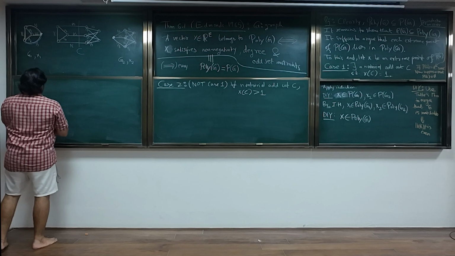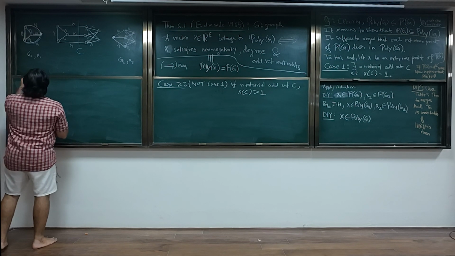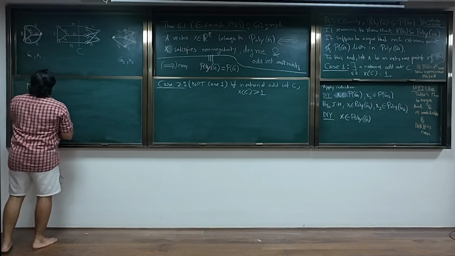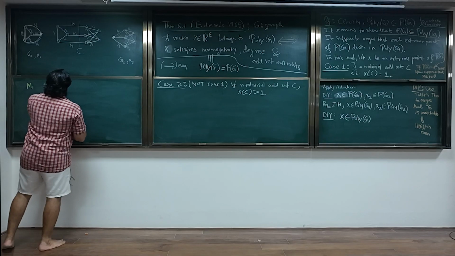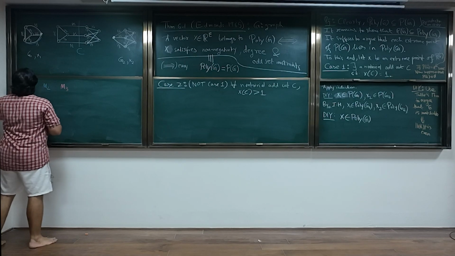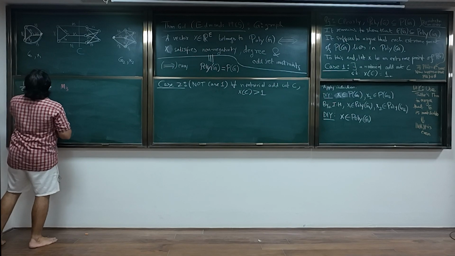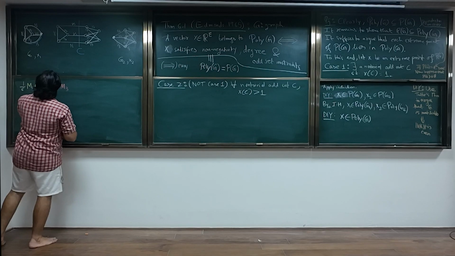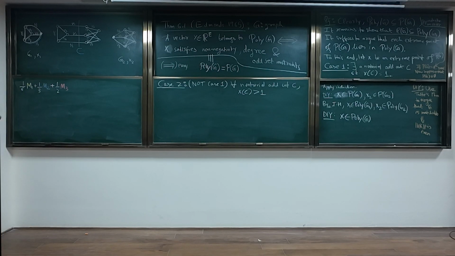Maybe I'll call M2 the blue one. Maybe I'll make blue M2 and I'll make pink M3, fine. Alright. So it is 1/6 times M1 plus 1/3 times M2 plus half times M3. Yeah, that is very clear.